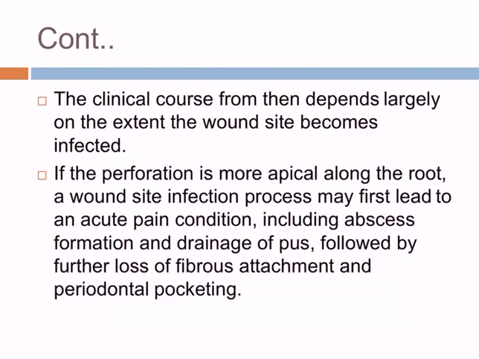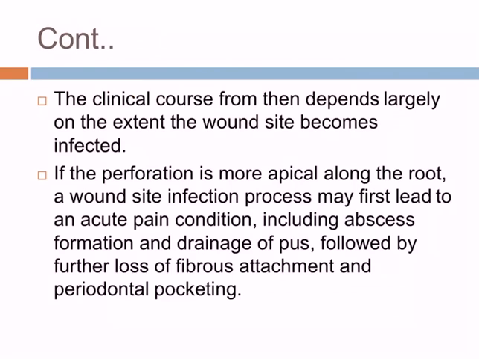Now, if the perforation is more apical along the root, a wound site infection process may first lead to an acute pain condition, including abscess formation and drainage of pus, followed by further loss of fibrous attachment and periodontal pocket. So if it is going to be slight, it is going to heal on its own, no worries.